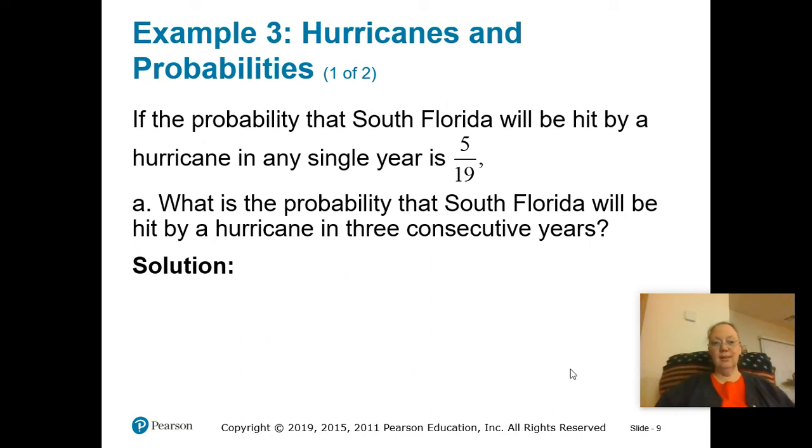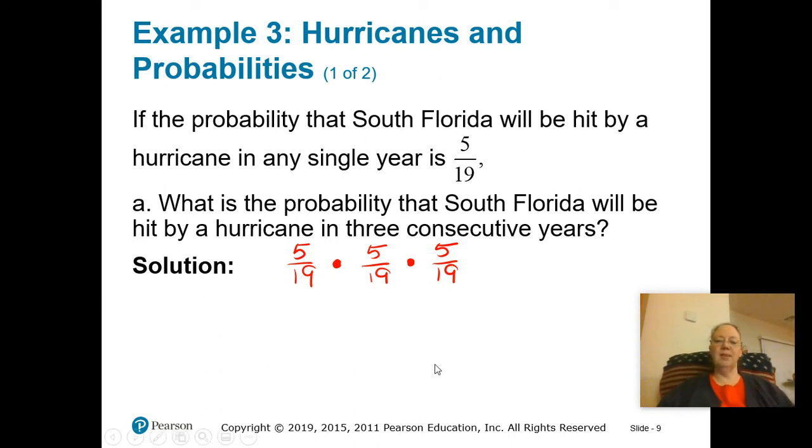They're telling us that for South Florida, the probability that it will be hit by a hurricane in any single year is 5/19. What is the probability that South Florida will be hit in 3 consecutive years? Hopefully not that great. So we need hurricane and hurricane and hurricane.